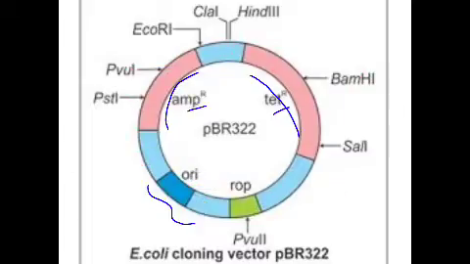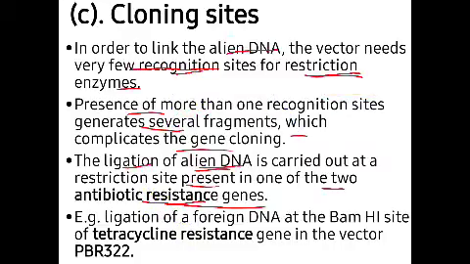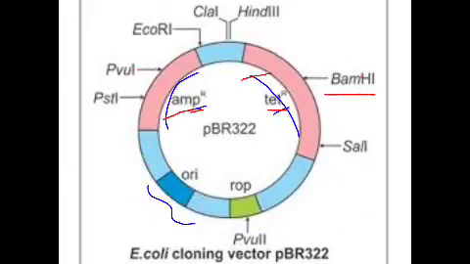Okay, that means from the beginning of the class we have been discussing two antibiotic resistance genes, TET R र AMP R छ. यो दुईटामा चाहिँ एउटामा के हुन्छ, अब alien DNA चाहिँ हामीले के गर्नुपर्छ, add गर्नुपर्छ. Okay, for this adding of the alien DNA, for example ligation, that means ligation भनेको चाहिँ addition, join हुनु. Ligation of alien or foreign DNA is at the BamHI site of tetracycline resistance gene in the vector PBR322.